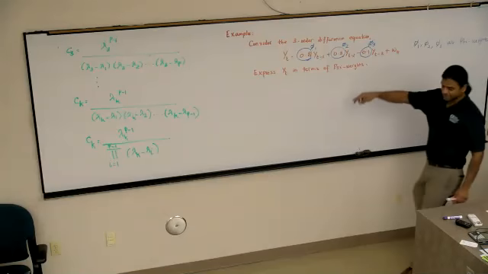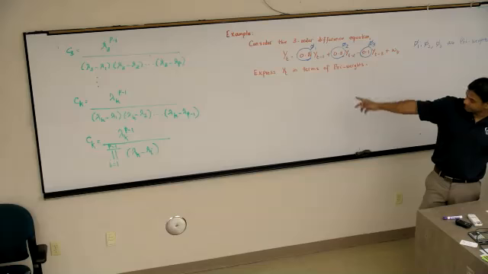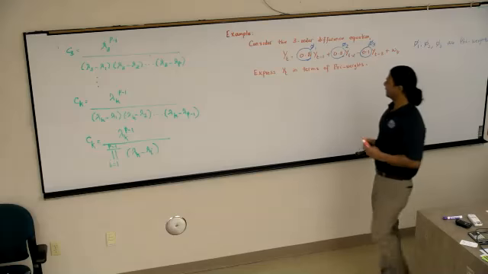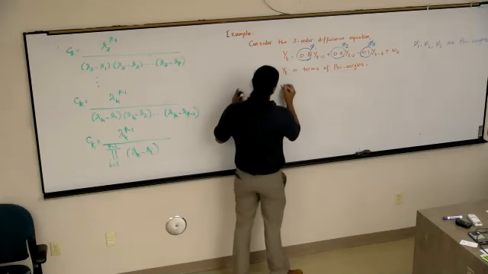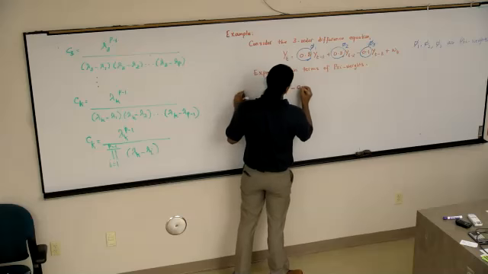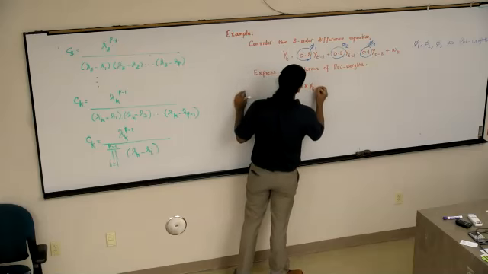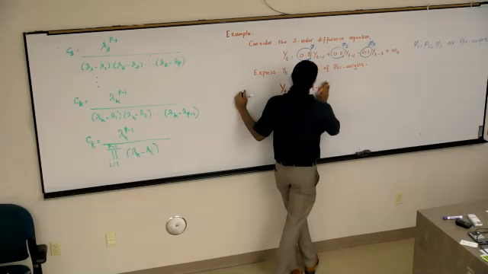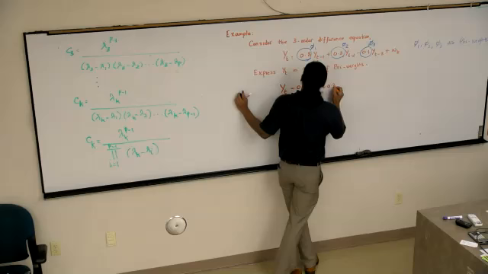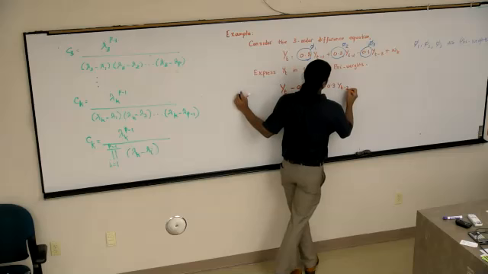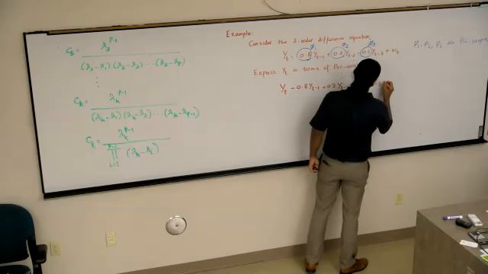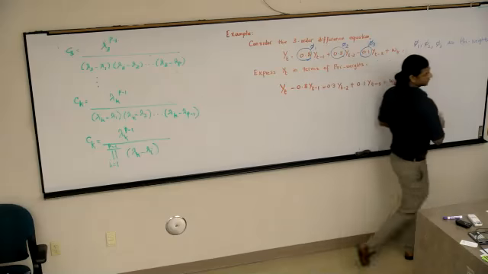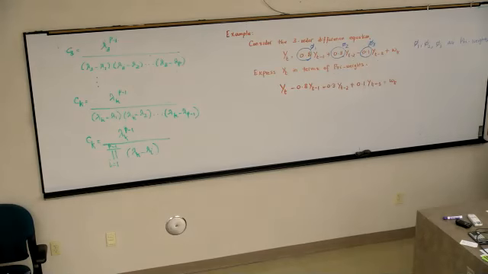So the first step is to move everything to the left-hand side, which would give us y_t minus 0.8 y_t minus 1 minus 0.3 y_t minus 2 plus 0.1 y_t minus 3 equals w_t. Yes?